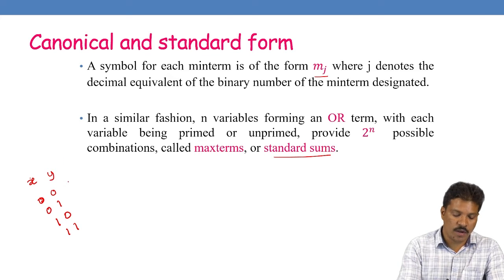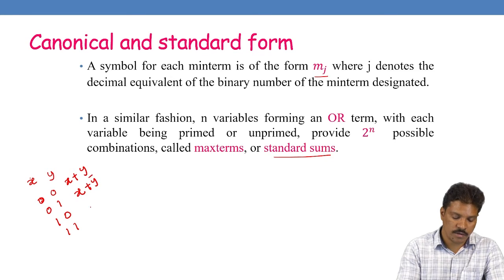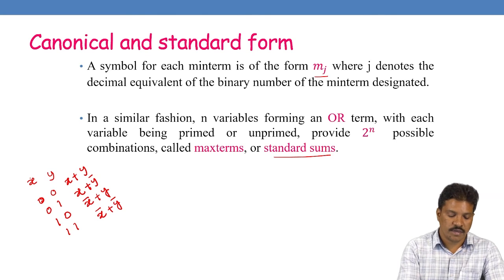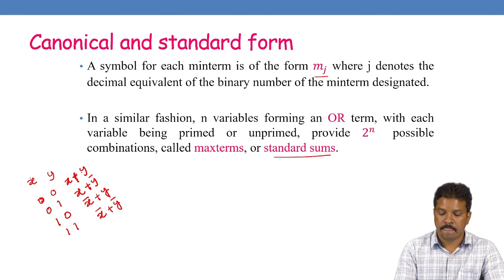That unprimed value x plus y, x plus y bar, x bar plus y, x bar plus y bar. This plus represents the OR term for the two variable Boolean function.